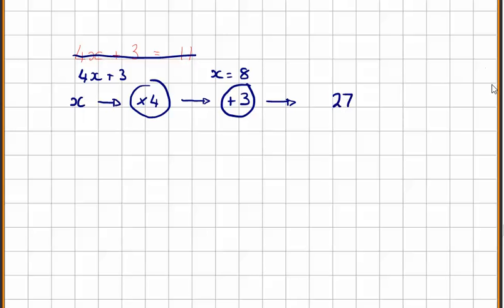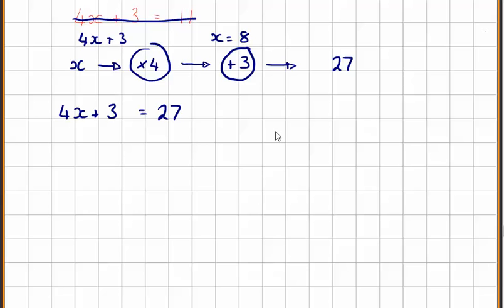Now, let's say I tell you that the answer is 27. 4x plus 3 equals 27. We've got to try and find the number that goes in to make 27. So what would you do? What do you do in your head?